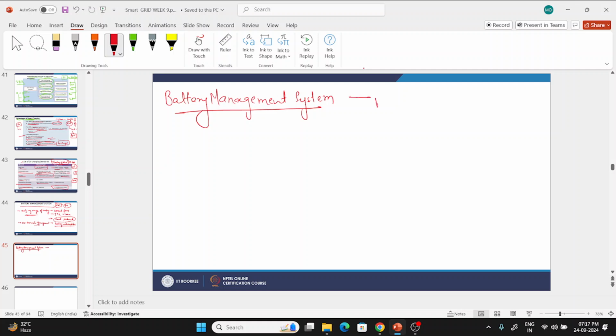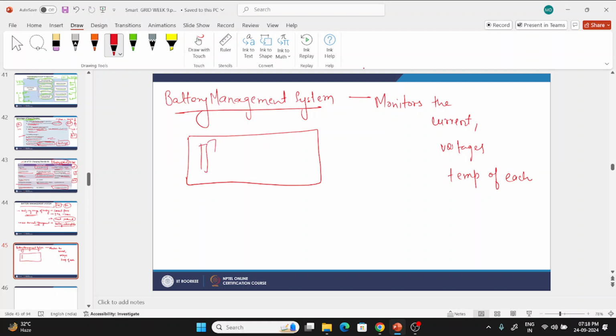It monitors the current, voltages, and temperature of each cell of a battery, because a battery is made up of different cells, and they are connected either in series or in parallel, which I will discuss after this. So, temperature of each cell.